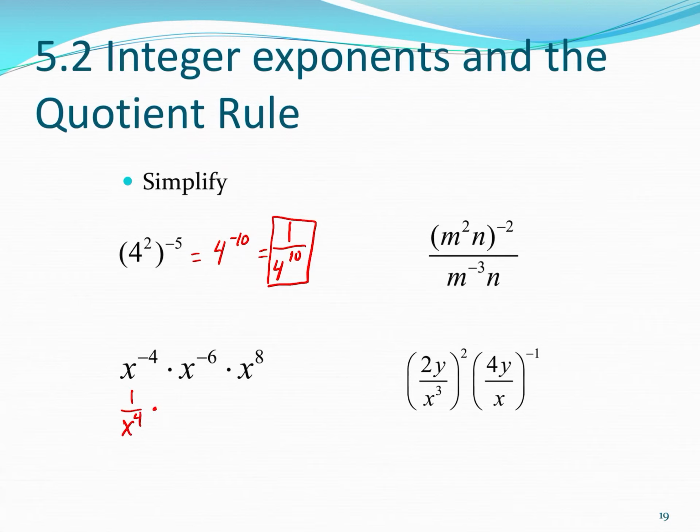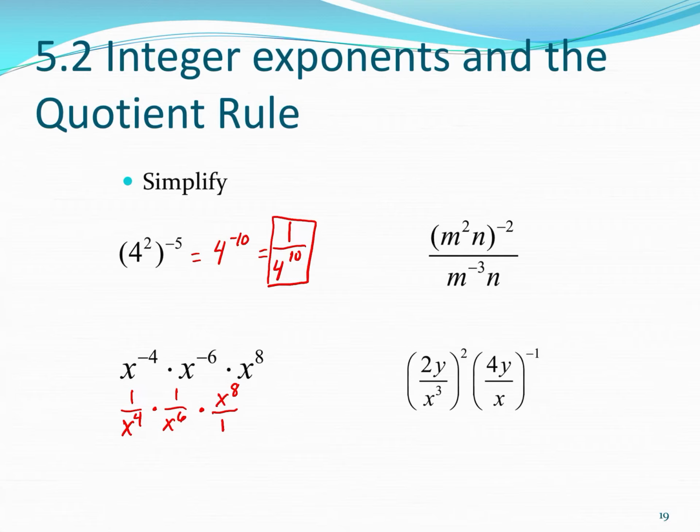On the next one, we don't have any parentheses, right? This one at the bottom. But we do have negative exponents. And so if we take this x to the negative 4th and write it as a positive exponent, it's 1 over x to the 4th.